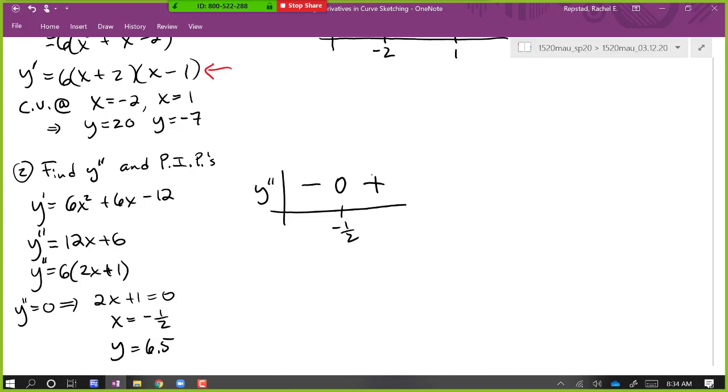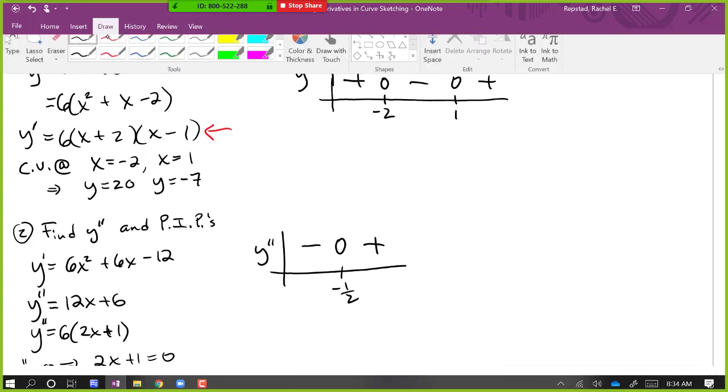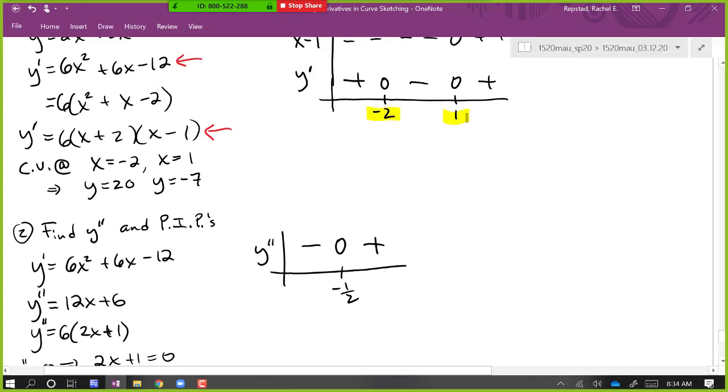So we have gathered all of our first derivative and second derivative information. Now we're going to be ready to make that table that we talked about in the last page. Our points of interest: the values I'm going to use to partition up the set of real numbers are the critical values and the spots where the second derivative is 0.